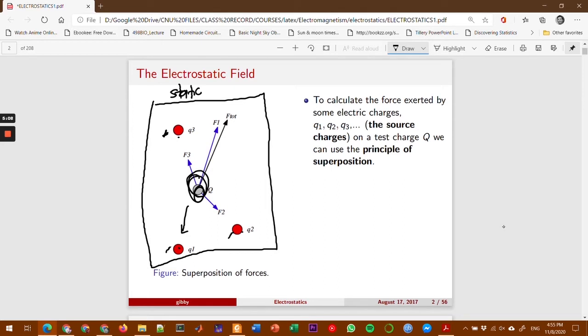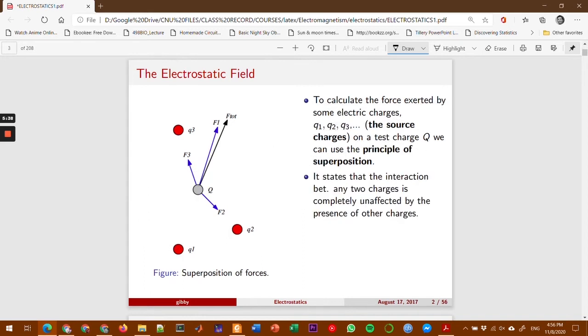So to calculate the force exerted by some electric charges, as I've said, we have Q1, Q2, and Q3. These are the source charges. Mga itong gitawag na source charge. So usa ka ang force nga gi-exert by this source charge on a test charge Q. So we know from previous knowledge nga naaring natawag nga the principle of superposition. Okay? So, pwede siya magamit.